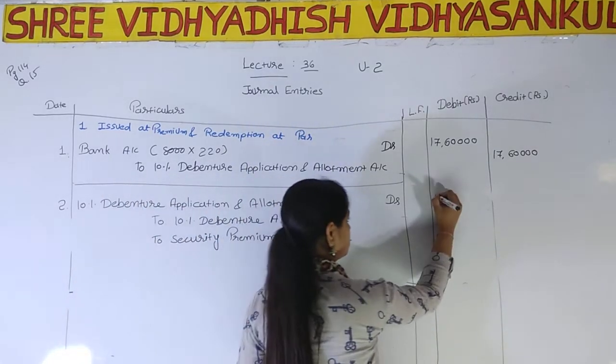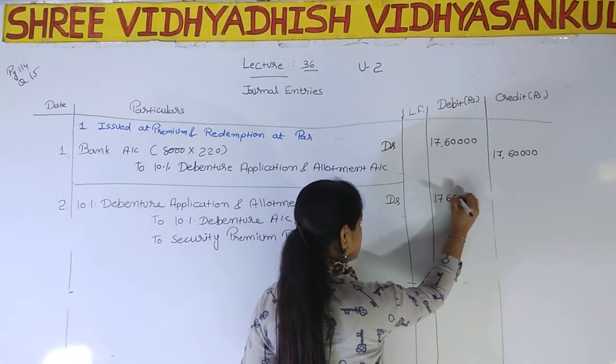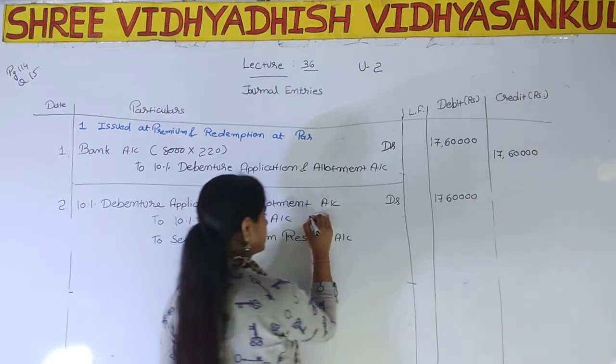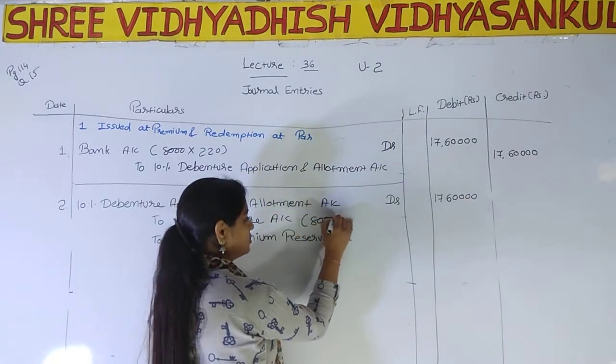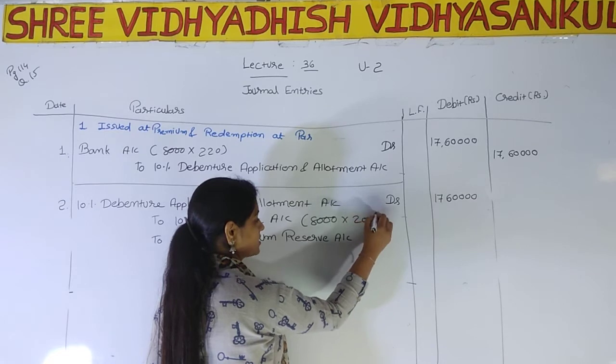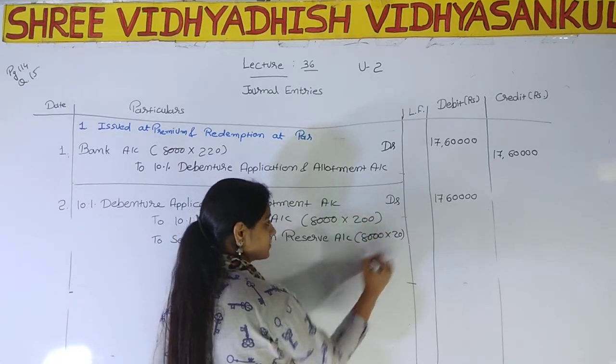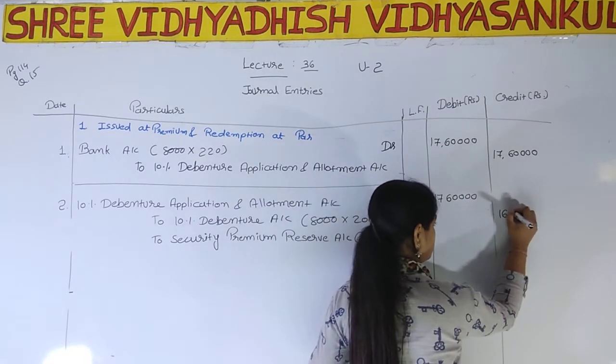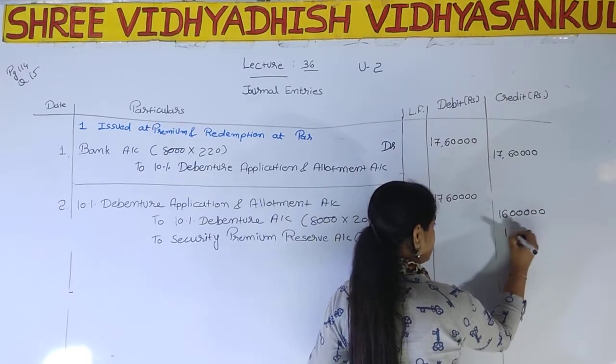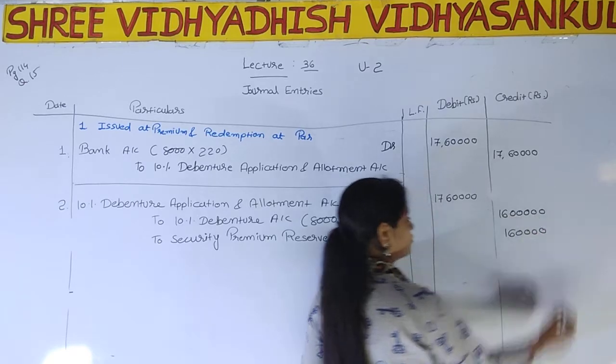The amount will come here 17,60,000. 8,000 into 200 rupees and 8,000 into 20 rupees. So the amount will be 16 lakh and 1,60,000.